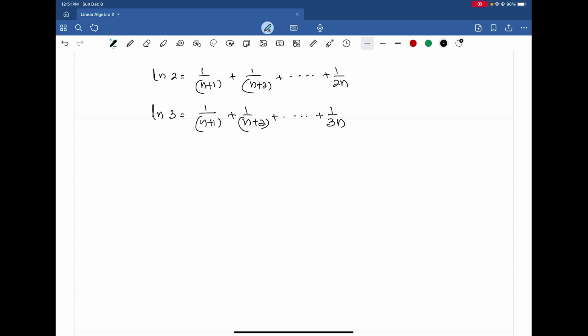Can we generalize? Homework question. Can we generalize ln p is equal to 1 by (n+1), 1 by (n+2) up to 1 by pn?